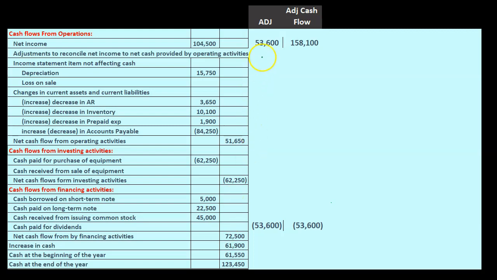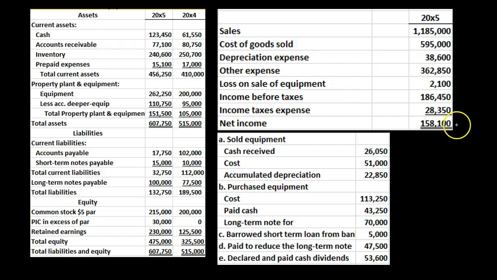We want to say, okay, if we're going to adjust net income to what is on the income statement, hopefully, then we also want to adjust something else so that the difference that we got from the difference in retained earnings is still there. If we did not do it this way, in other words, if we took this number, which is the amount on the income statement, that's the number we wanted.